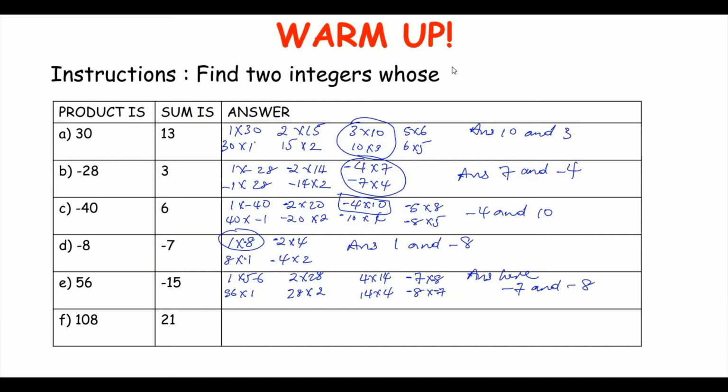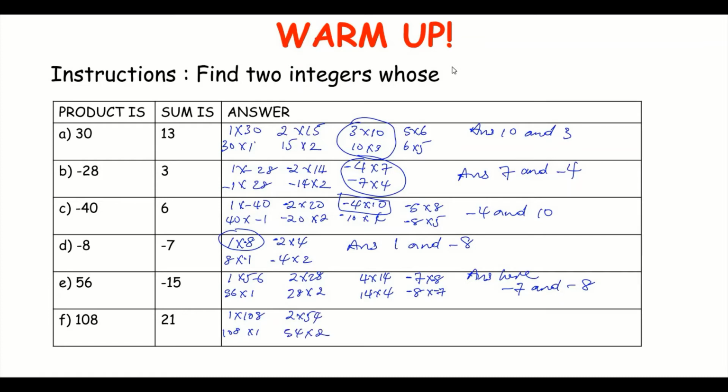F, we have the product is 108 and the sum is 21. So let's start again in our heads. Start from 1. 1 times 108, 108 times 1. 2 times 54 and 54 times 2.